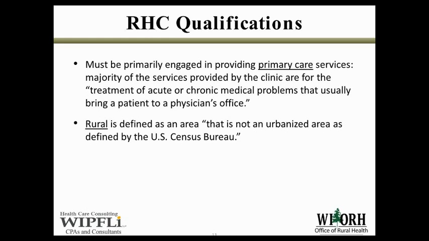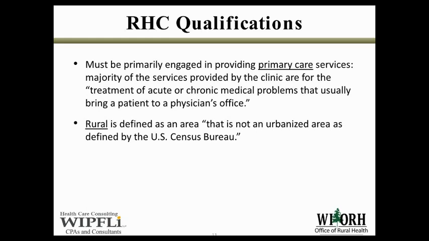If you're not sure whether your particular area is considered a rural area, there are tools available on the internet that can help you define that. The Rural Assistance Center has an online application called Am I Rural, and it allows you to put in the exact address of a particular clinic, for example, and it will tell you if that area is considered rural for rural health clinic designation purposes.